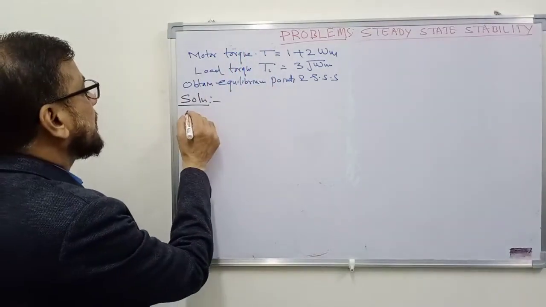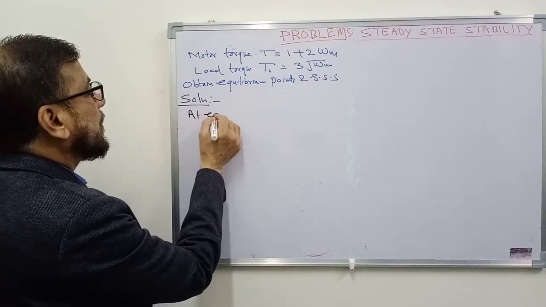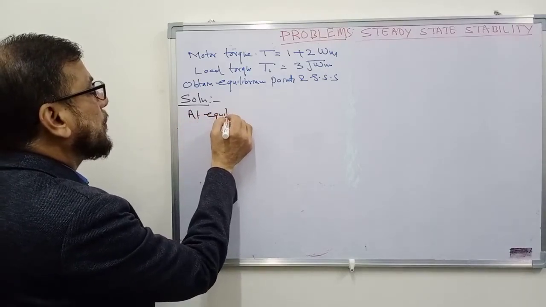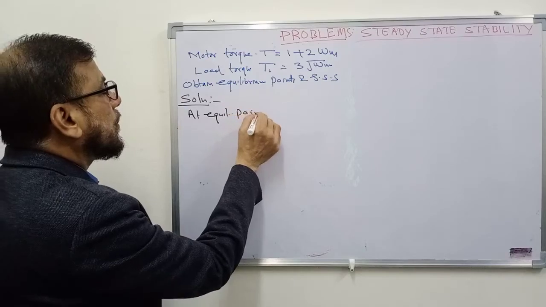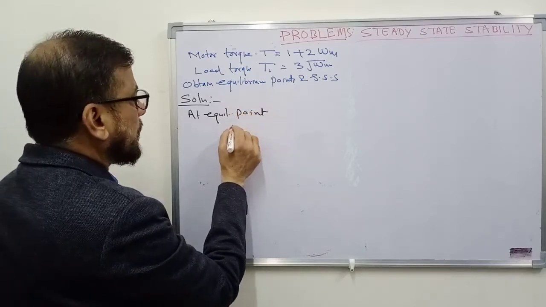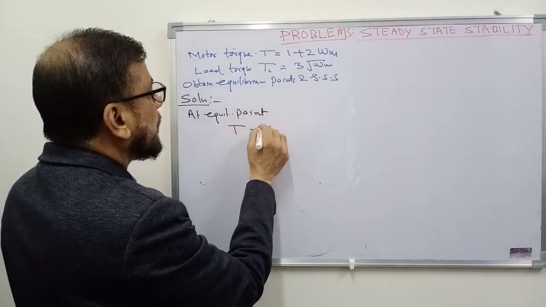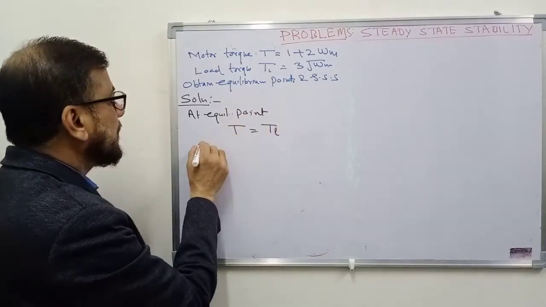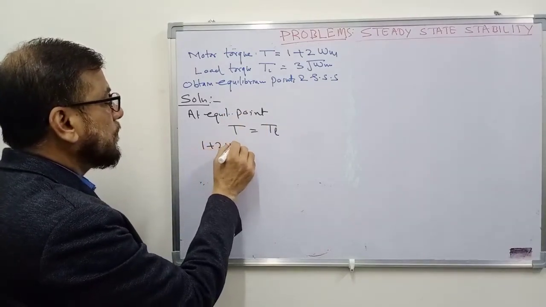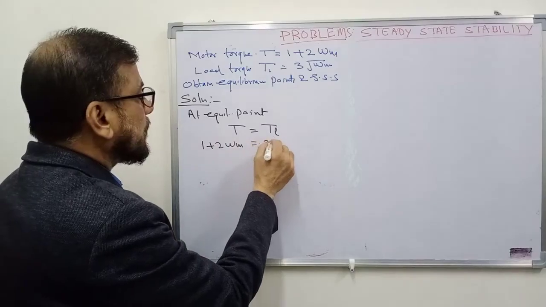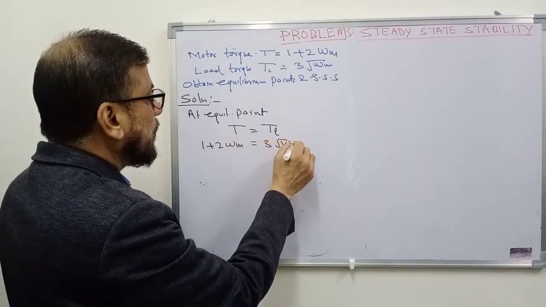So let us start at equilibrium point. T is equal to TL, that is 1 plus 2 omega m is equal to 3 square root of omega m.